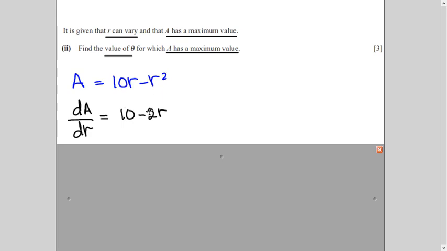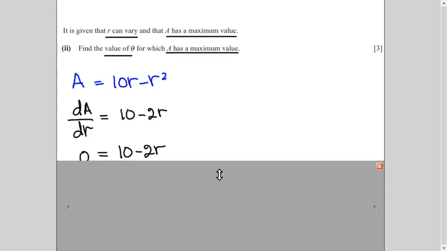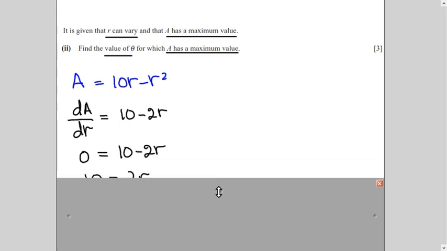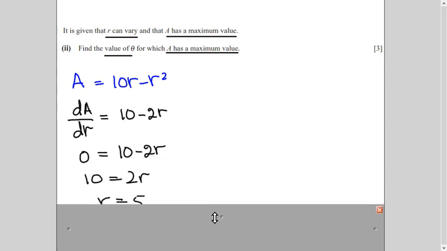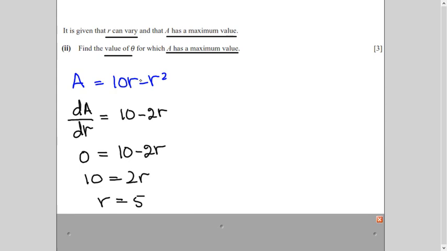Simple differentiation I'm applying here. Then I will put it equals to 0, because at the maximum value, rate of change will be 0. So this will give me the value of r. So now I have found the value of r, but the question is saying find the value of theta. Now from here onward, there are two ways. I will explain both the ways here.